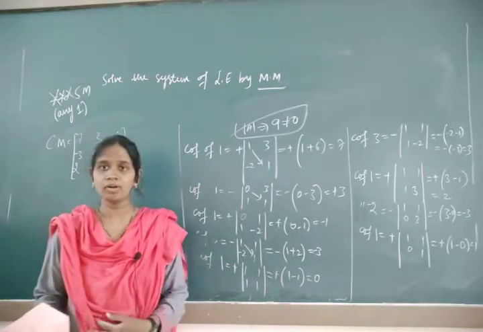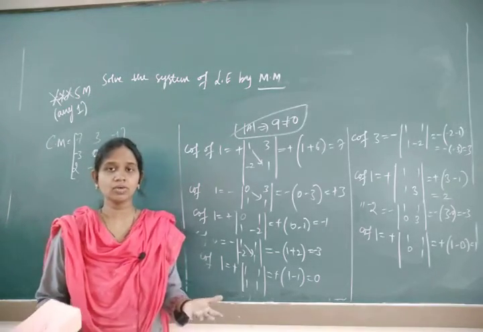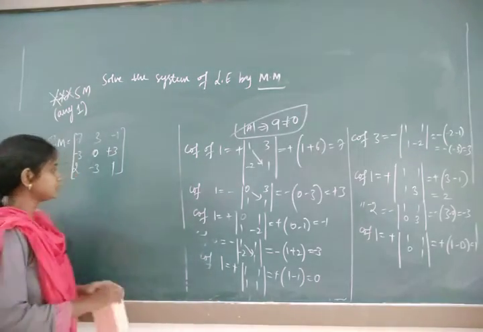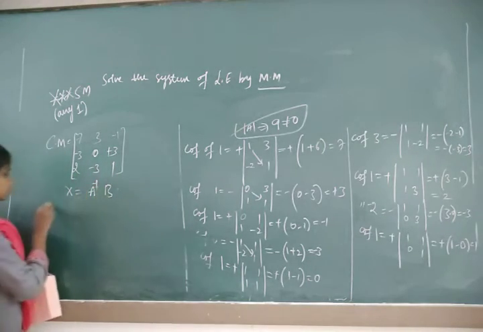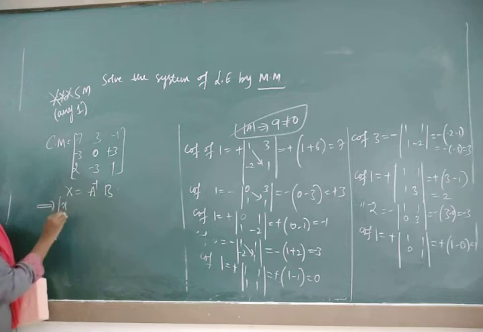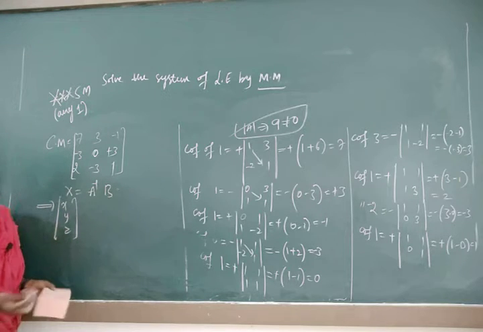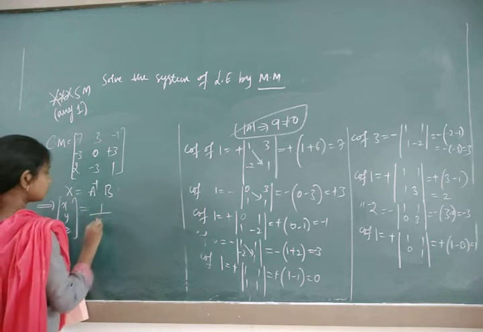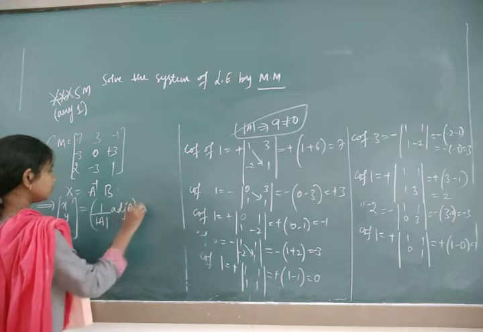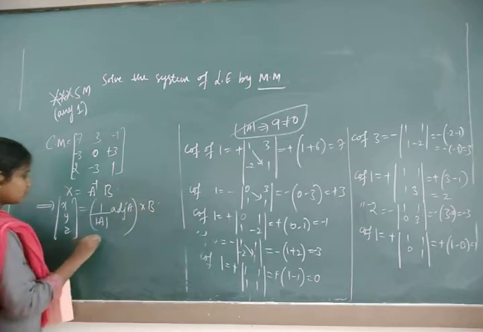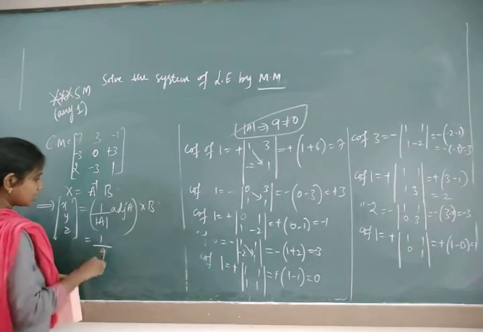Now write the formula. What is our formula? X is equal to A inverse into B. XYZ is equal to A inverse, which is 1 by determinant A into adjoint A, into B. So 1 by determinant value, we got 9.